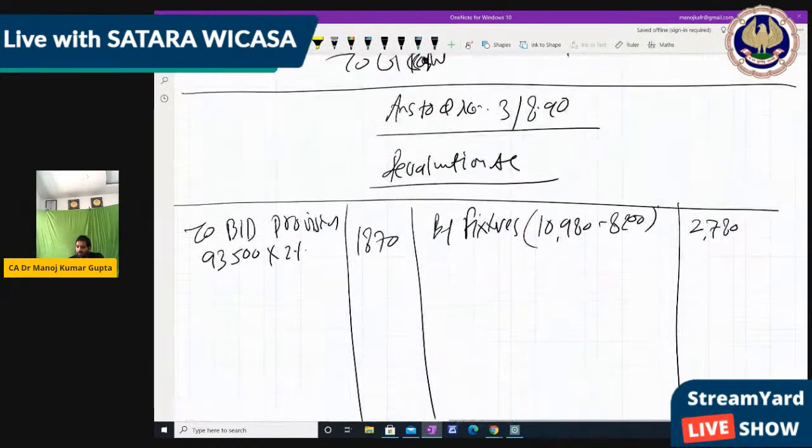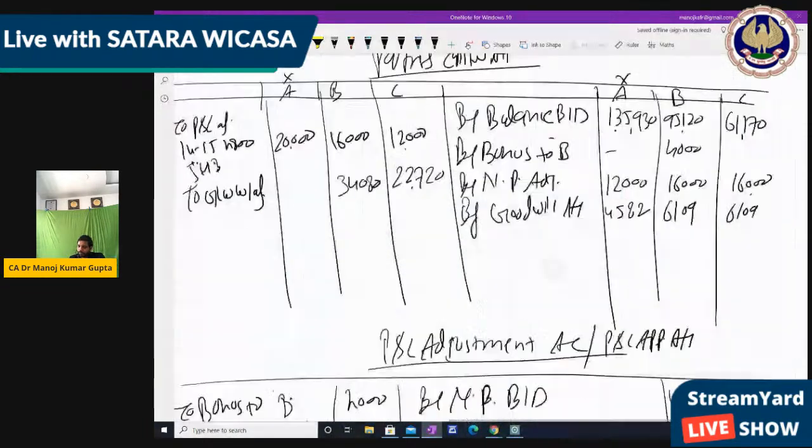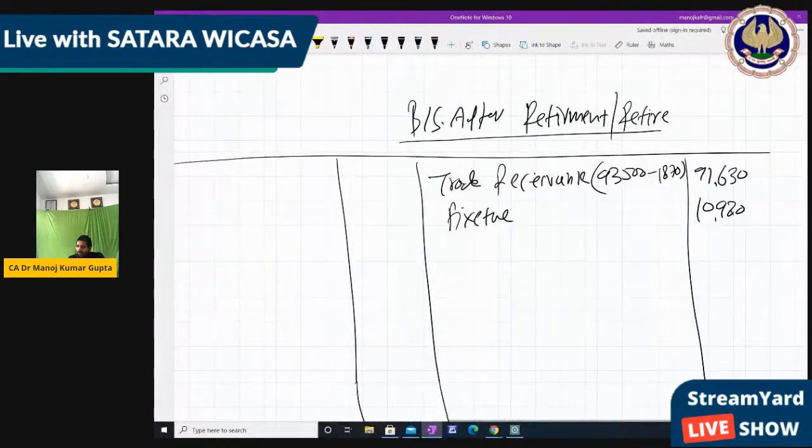So that provision we have to make not 2%, we have to make 6%. So it becomes 5,610. So we write in the balance sheet also 5,610. We subtract, this comes to 87,890.